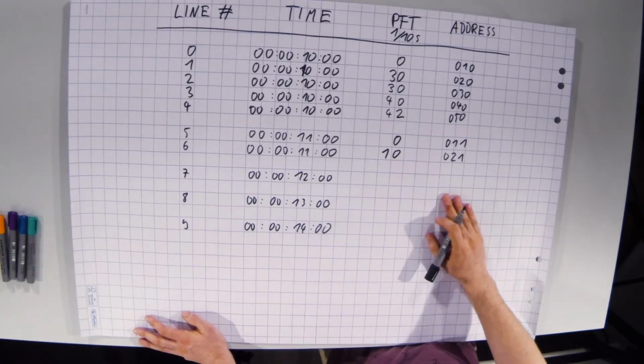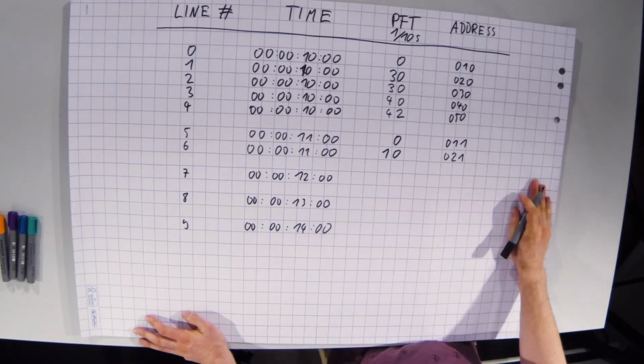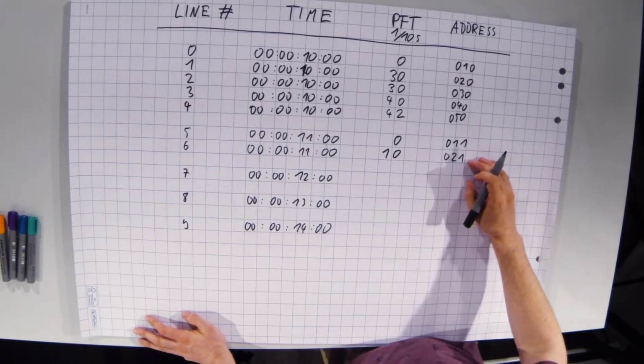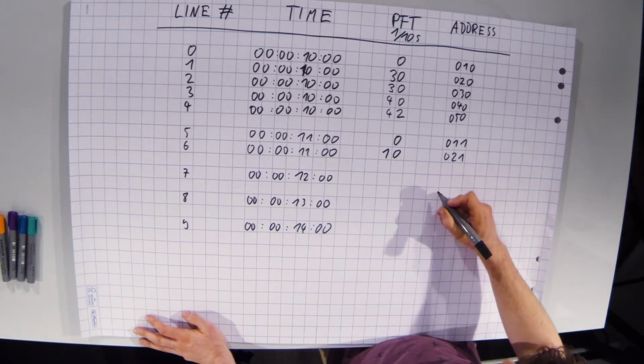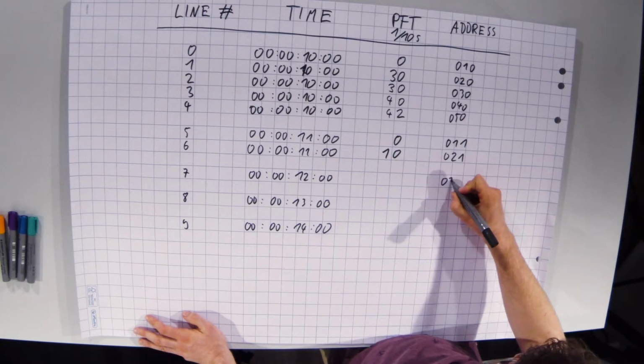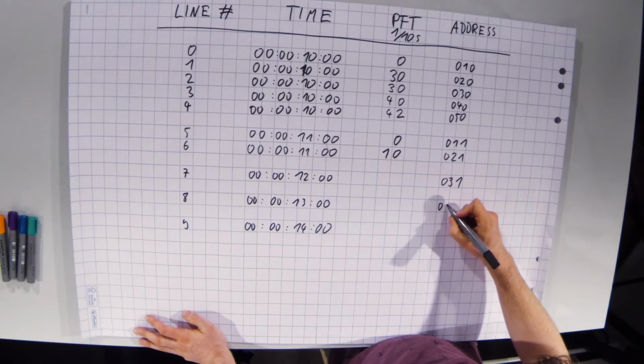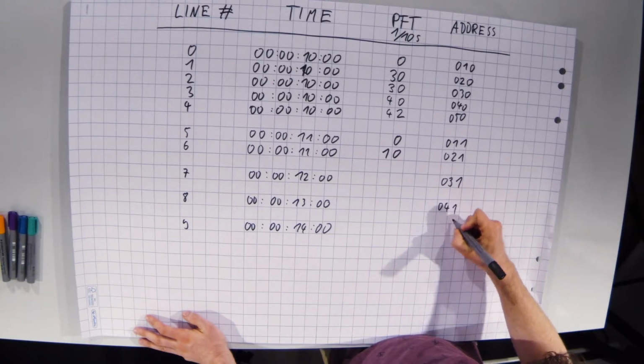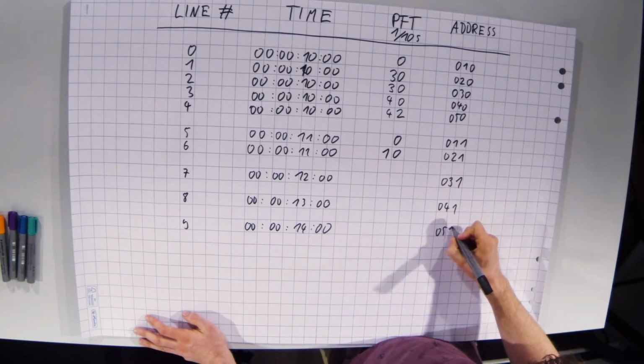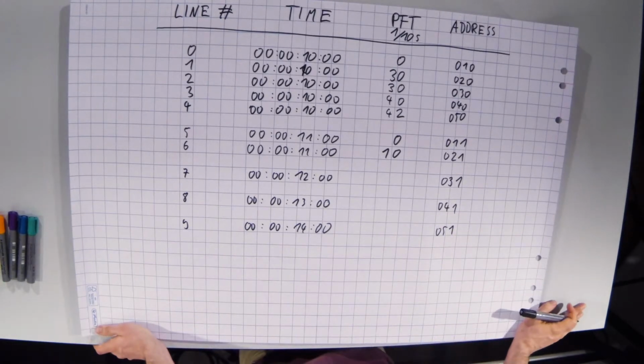And we don't actually care about the pre-fire time because in single shots they don't mean anything. And last we need to give those addresses, so we just proceed with 0, 3, 1, 0, 4, 1, 0, 5, 1. And then let's script one final queue.